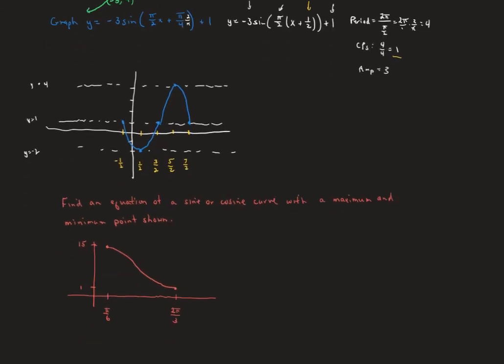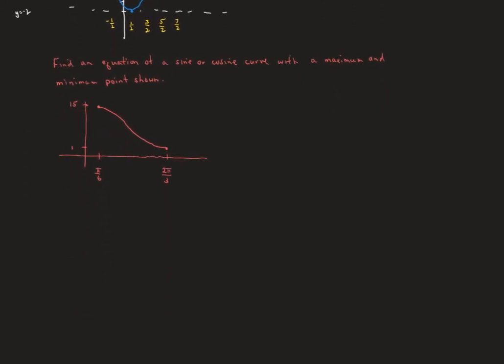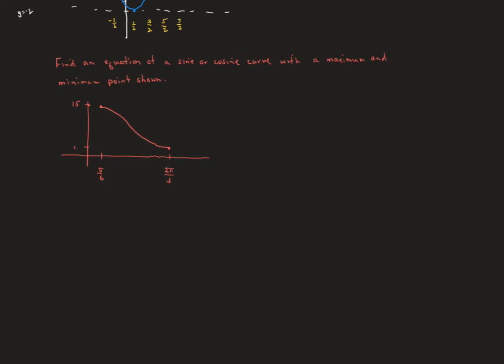Okay, now finally we're going to go the other direction. Let's see if we can find an equation of a sine or a cosine curve where this is a maximum value and this is going to be a minimum. So first we have to decide if we want to call this a positive or negative sine or cosine.